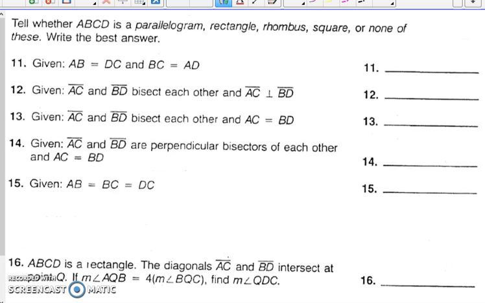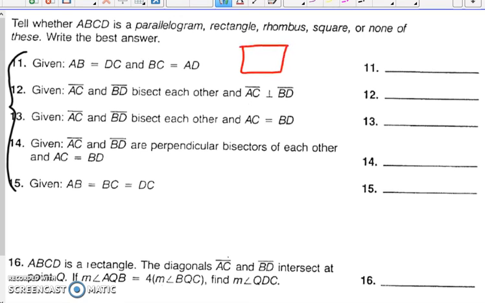Okay, I just have a couple more things I want to do. The first is identifying whether something is a parallelogram, rectangle, rhombus, square, or none of these, based on some given information here. I would highly recommend drawing a picture for each one of these. So for all of these, the quadrilateral is ABCD.